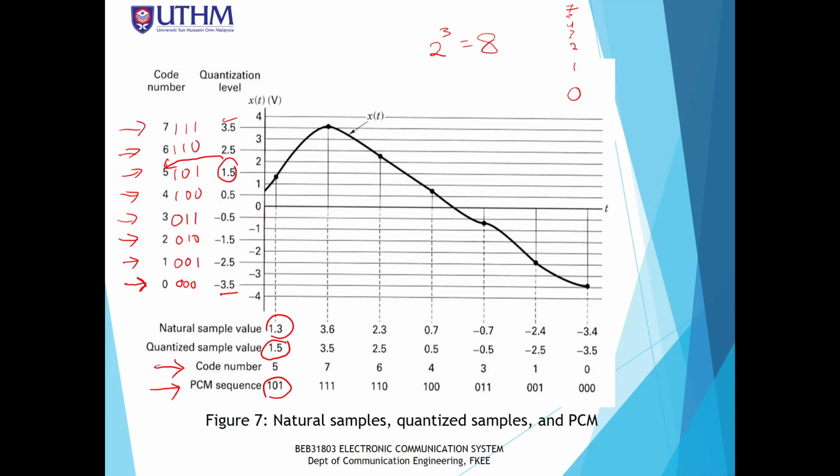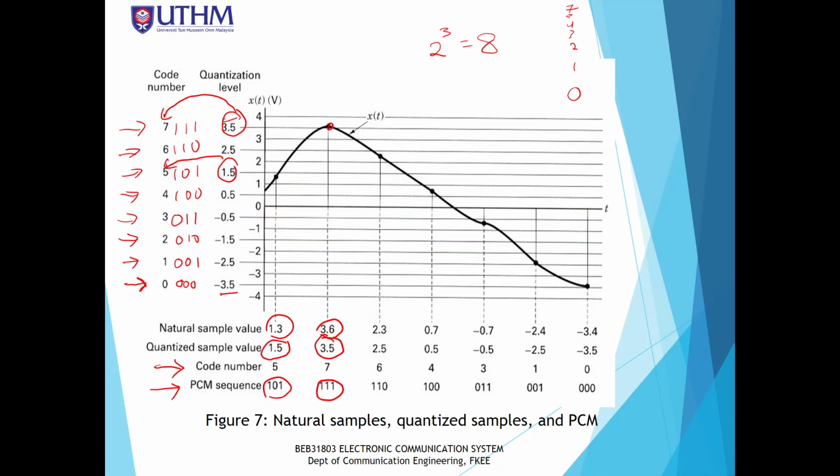The next sample is 3.6, and we quantize to the nearest level, which is 3.5 volt. The 3.5 volt quantization level is assigned code number 7, and code number 7 is 111.